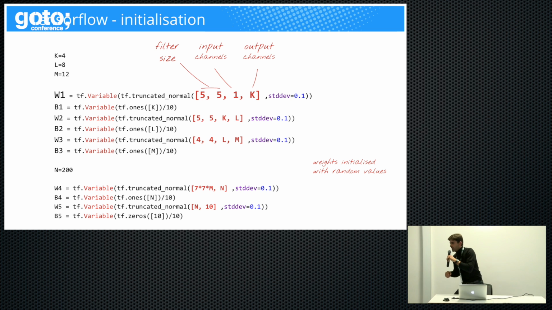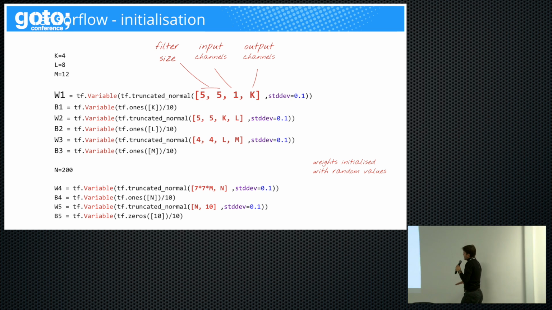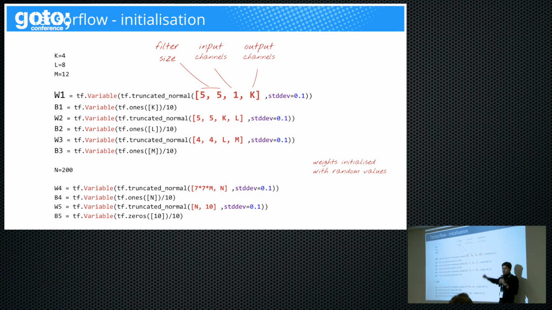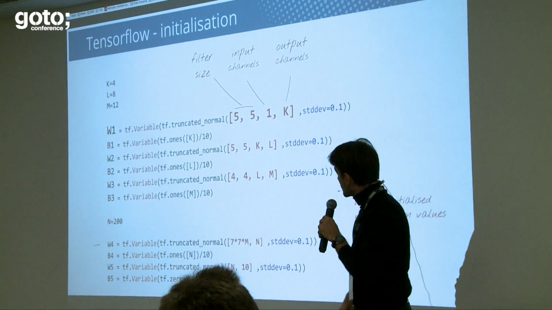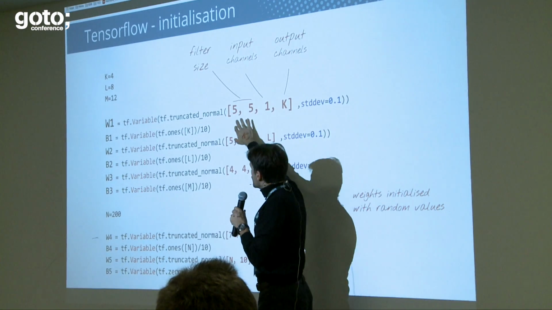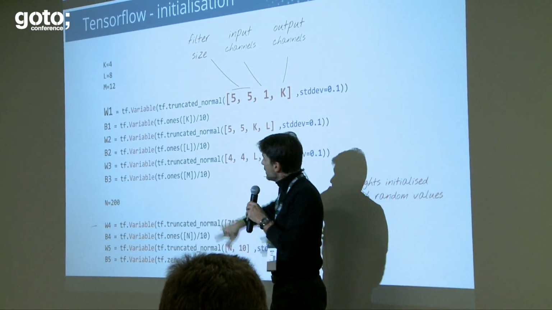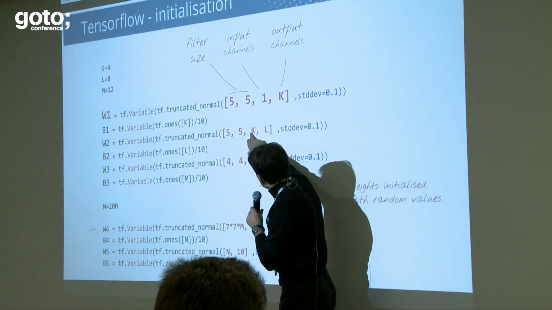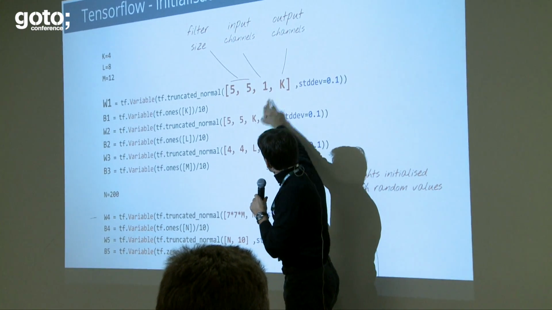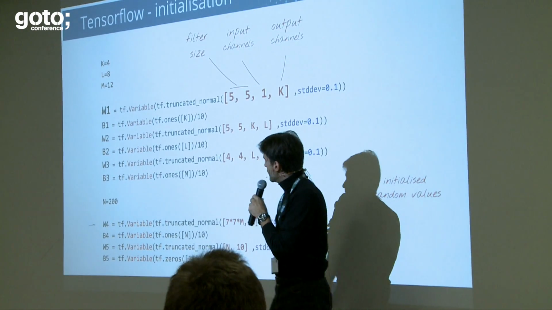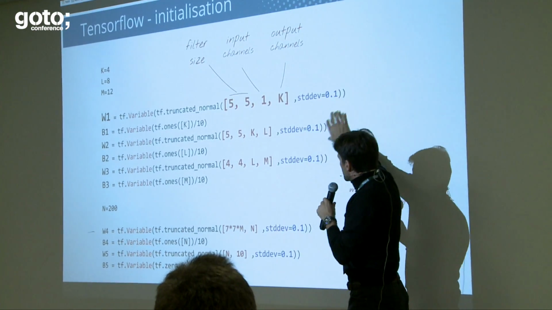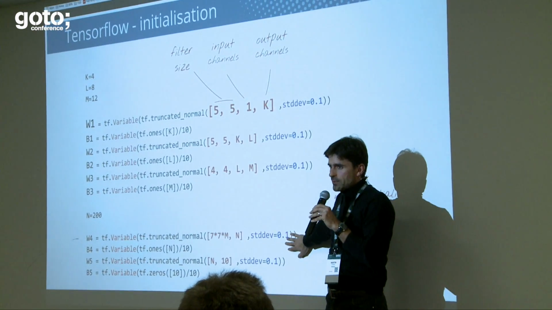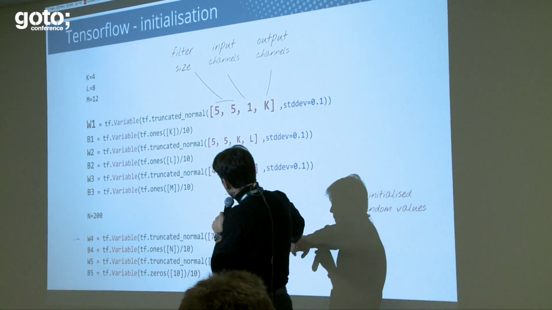Well, first we need to implement it. So one weight matrix, one bias vector per layer. The weight matrices have the shape that we have been explaining: size of the patch, number of input channels, number of output channels. The output and input channels have to match here. So K K, L L, M, and so on. I have 3 of those. Then I have my fully connected layer.